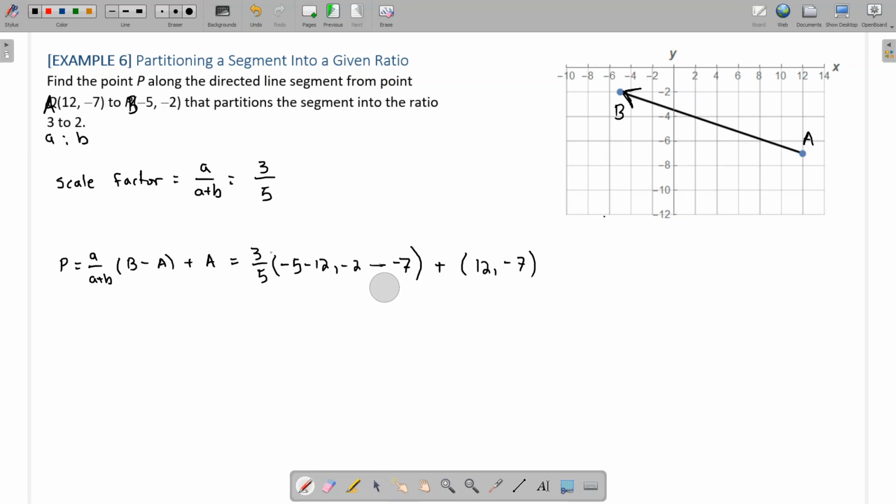So this is the scale factor multiplied by B minus A plus the A. All right, so that's 3/5 times -17, minus, looks like 5, or sorry, it's plus 5. All right, and then bring back down the other point.